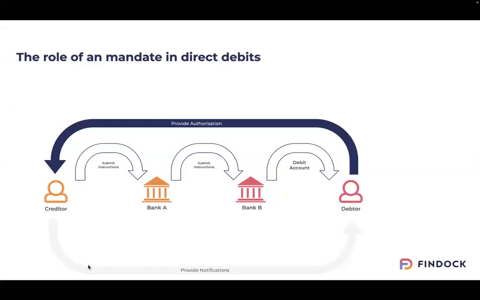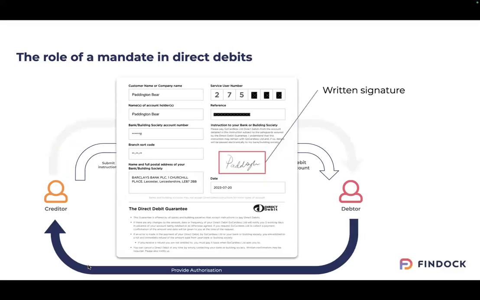Now, direct debits, in a schematic overview, the debtor provides you an authorization to collect money, which then means that you can submit, as a company, instructions to retrieve that money from the payer. Now, in most direct debit schemas, that legally still requires a written signature, which comes with all kinds of complicated paperwork.